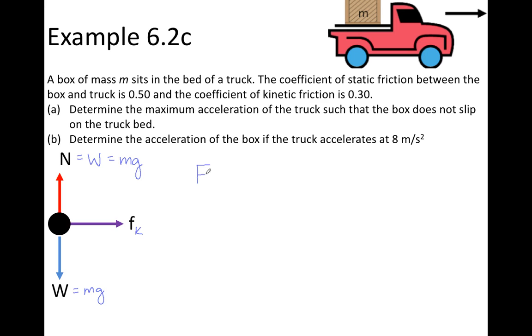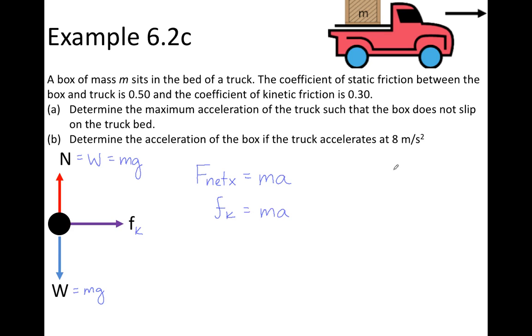So again, for the box, we'll have F net in the x direction equaling m times a. The net force in the x direction is going to be kinetic friction. That's the only x direction force that is acting, and that's going to equal ma.